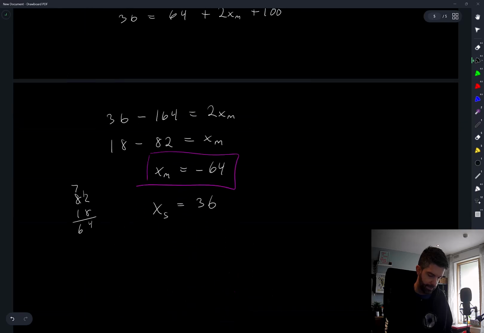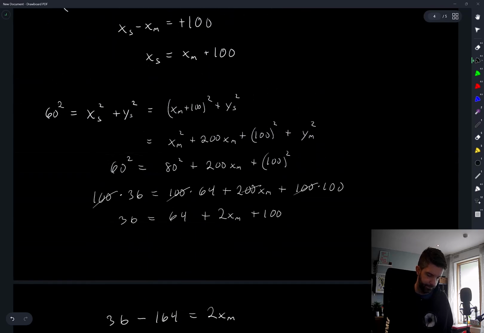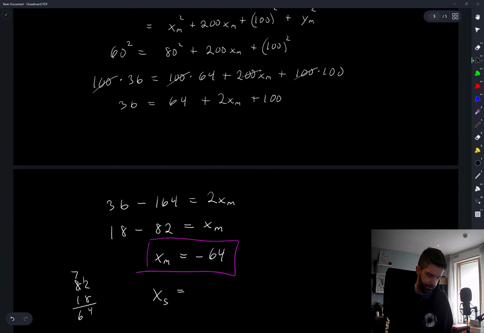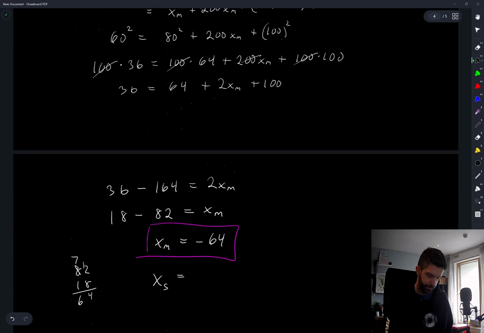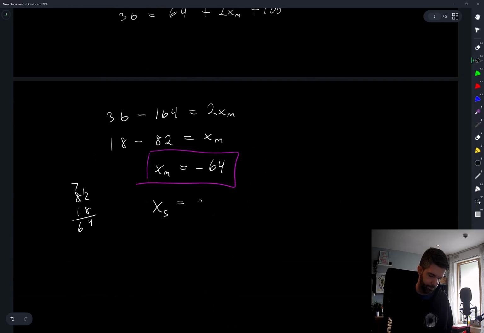When I add them together, I should get... is that right? Let me make sure.